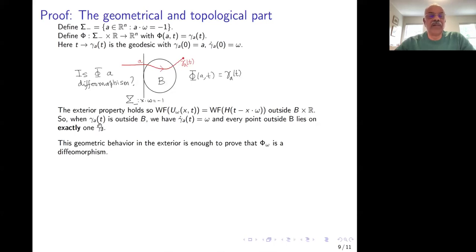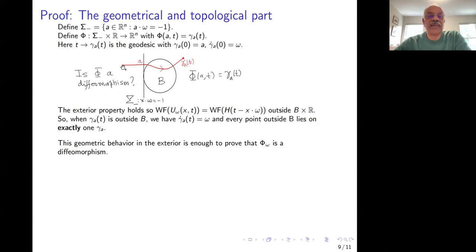So it means that whenever these geodesics, which are coming from this boundary normal flow, are at a point outside B, they have velocity omega. That's number one. And secondly, because of the wavefront set, through every point outside the ball, one of these geodesics does pass through. So there are two things going on.